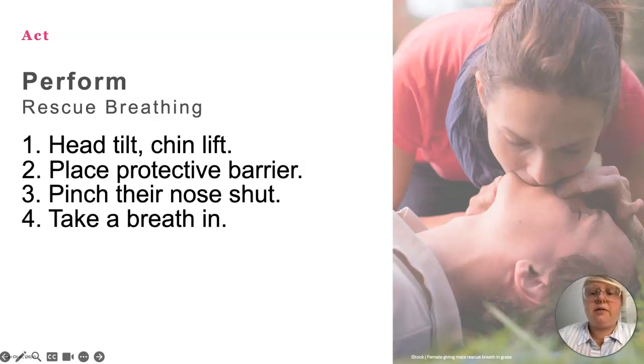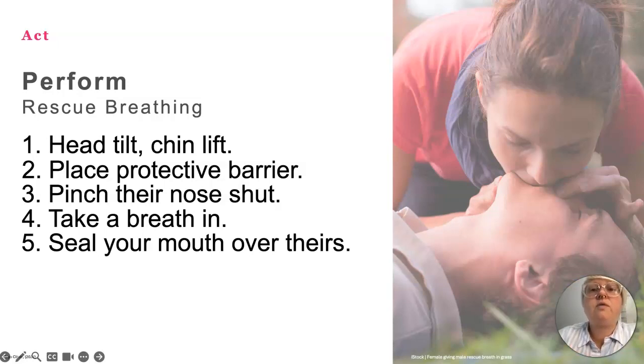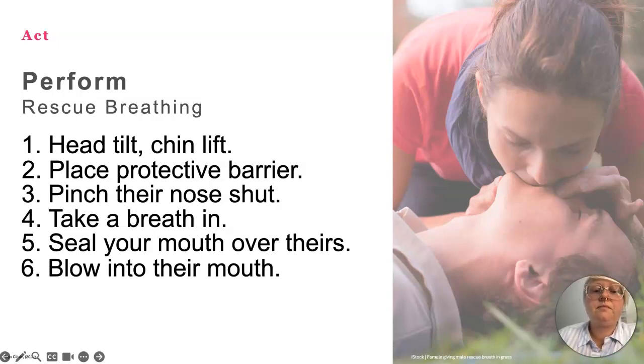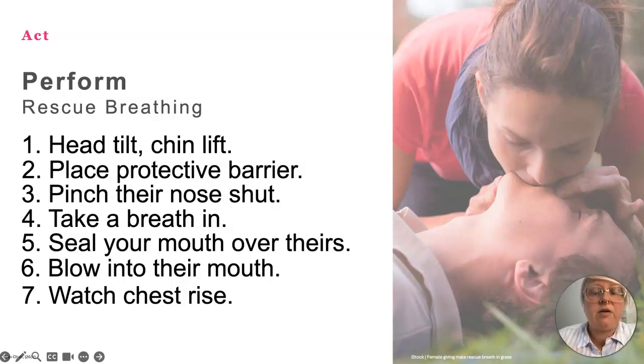You take a deep breath. Seal your mouth over theirs or over that protective barrier. And then blow that breath into their mouth. You should be able to see their chest rise. So if you divert your eyes to look at their chest as you're blowing into their mouth, you should see some chest rise.